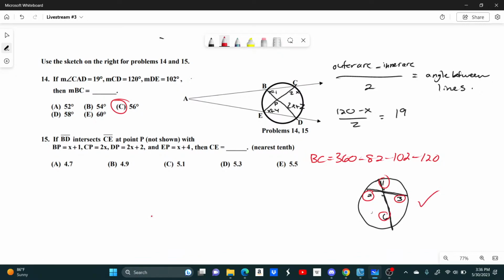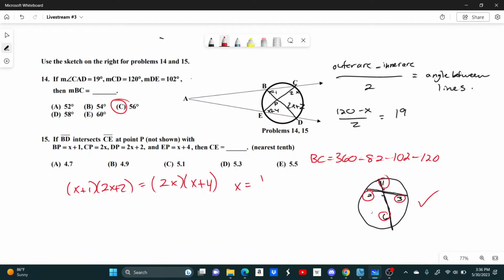So we can apply this here. We have everything in terms of x, so we can use it to solve. So let's take this one first. You get x plus 1 times 2x plus 2, right? Those are opposite each other. And then that equals 2x times x plus 4. So if I solve this for x really quick, I get x equals 1/2.